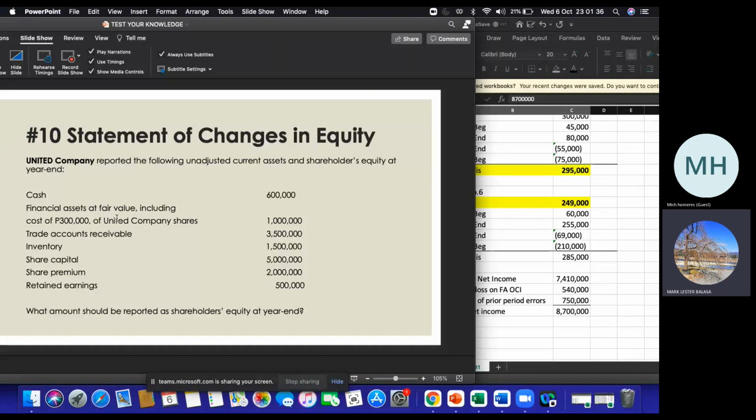Okay, so United Company shares, meron niyang treasury shares. Therefore, i-minus mo yung 1 million. 300,000 only. Ito, yung 300,000. Okay, so magkano yan? So your final answer would be 7,200,000. Okay, naunawaan? Gets? Yes po. Very good.